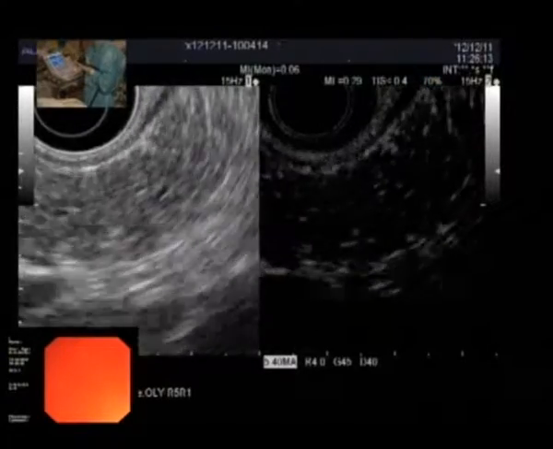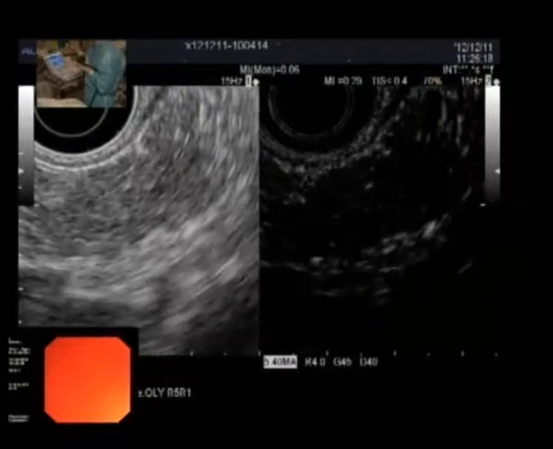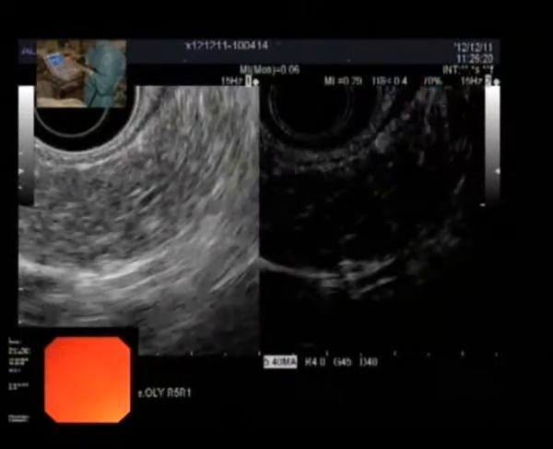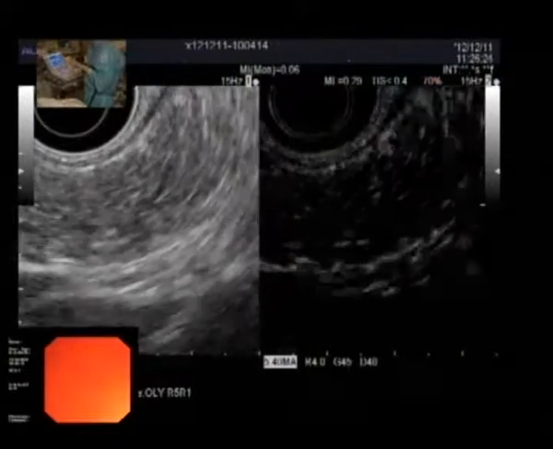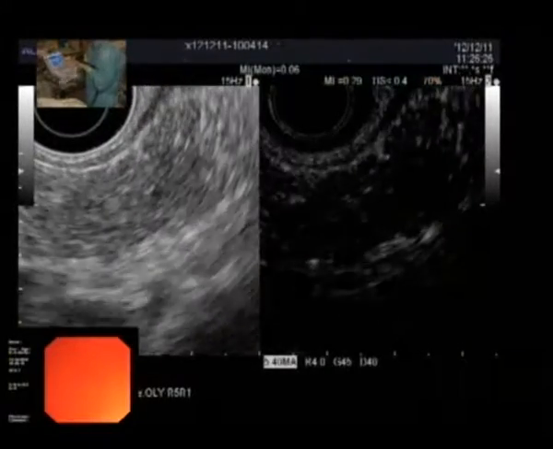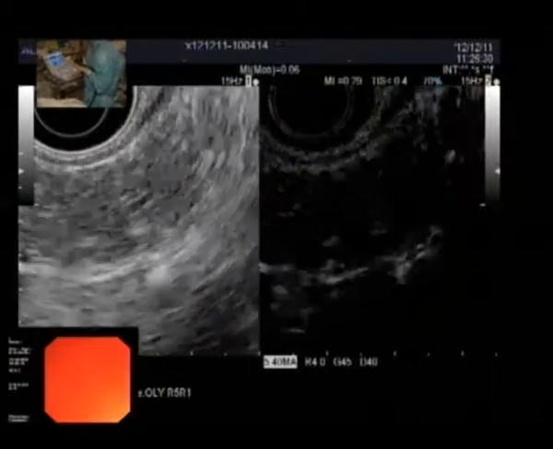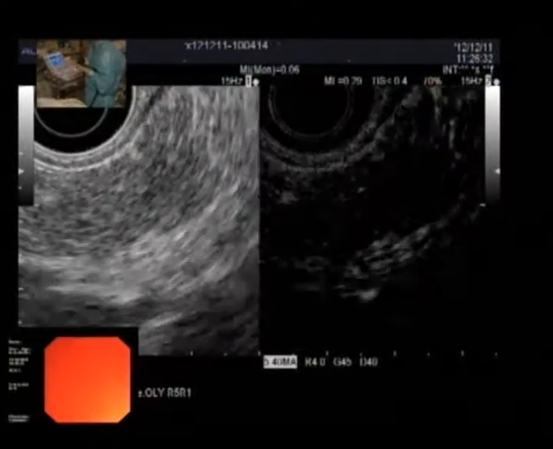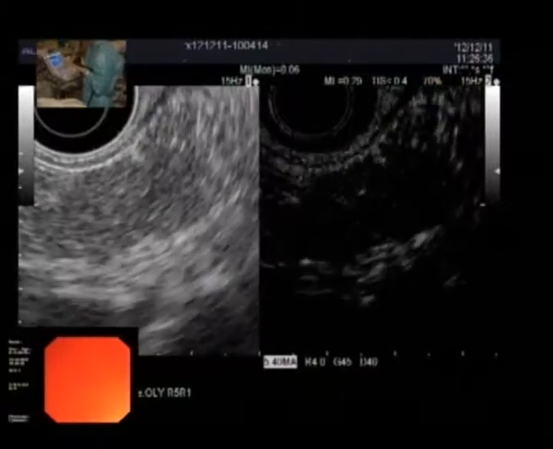Because we are using harmonic imaging for contrast enhanced EUS, the image quality is poorer than normal ultrasound imaging, but it is better to detect harmonic signals coming from microbubbles. Sonoview is totally intravascular agent, so we can see the microvasculature of the pancreas or any kind of lesion.